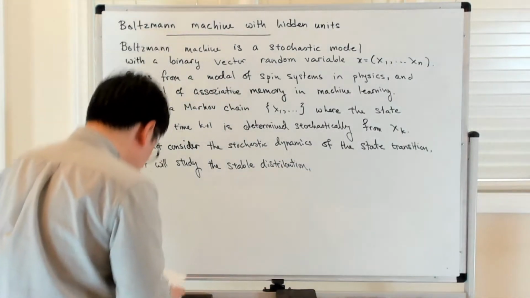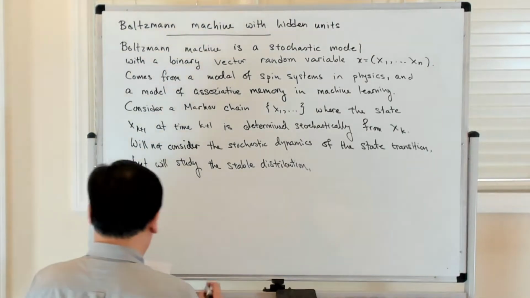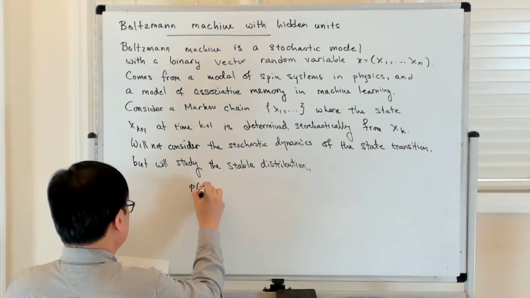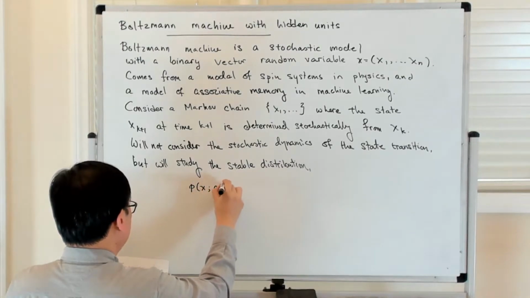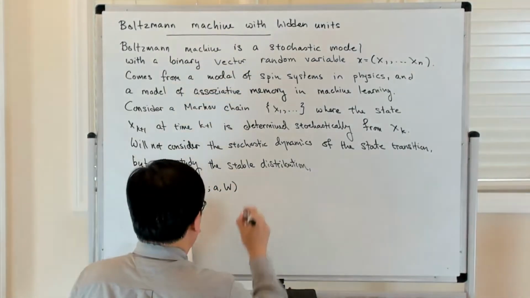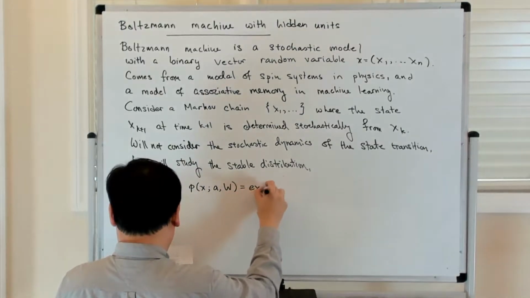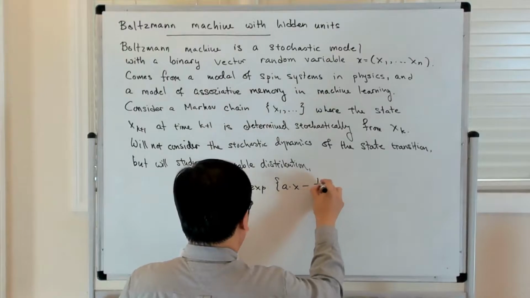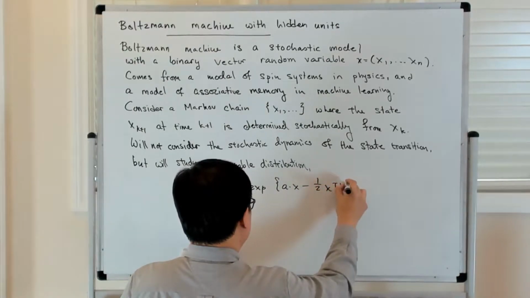This distribution is given by the following. This is P of X, and it depends on A and W. It's given by the exponential of A dot X minus 1/2 X transpose WX.